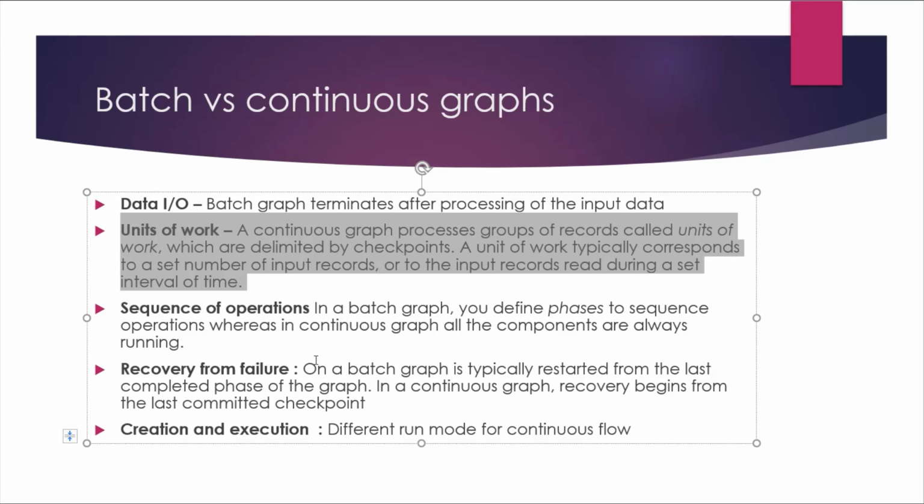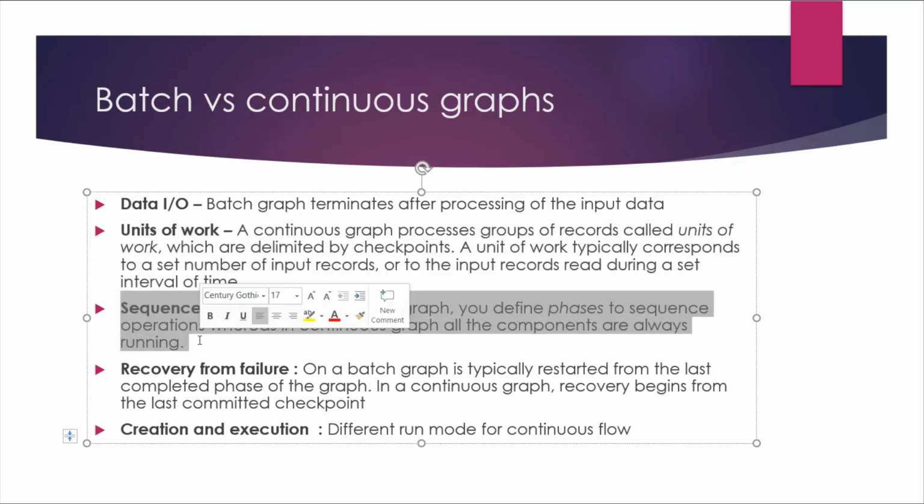Next thing is the sequence of operations in batch and continuous graphs. We all know that in the case of batch graph, we define phases to limit the execution of components within a graph. All the components within the first phase will run first, and then all the components in the next phase will run, and subsequently like that.